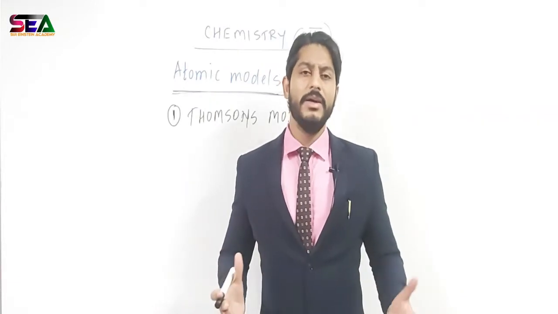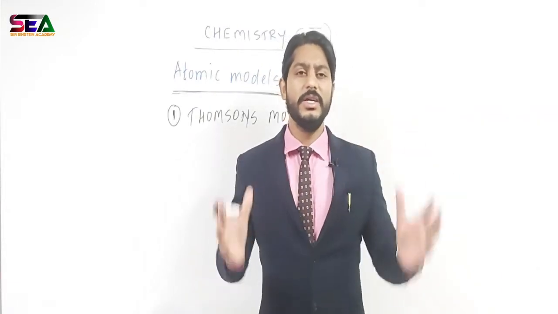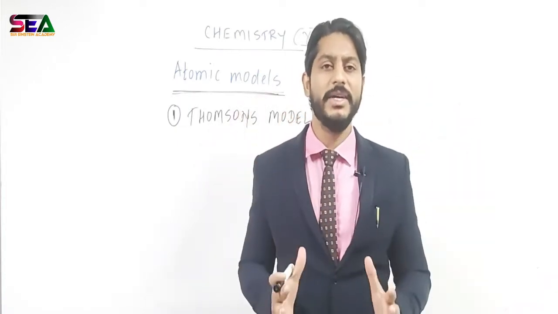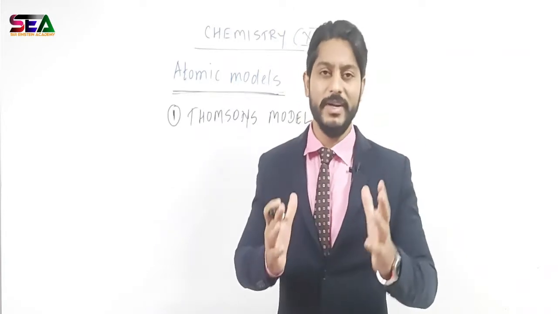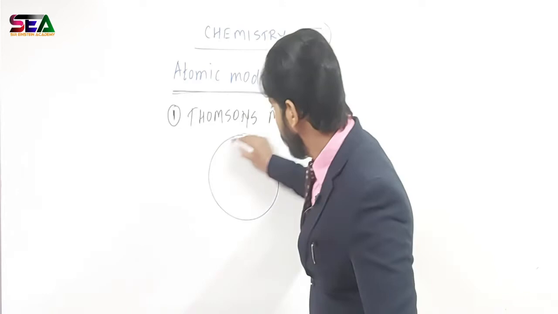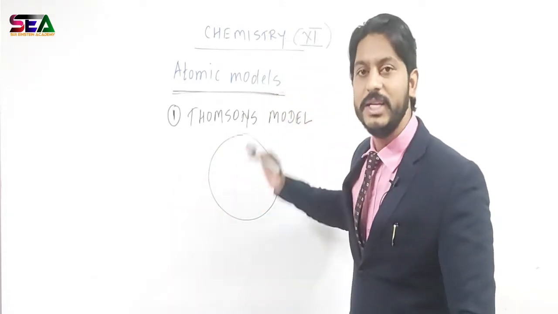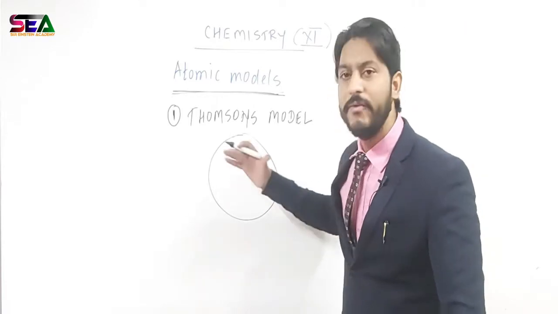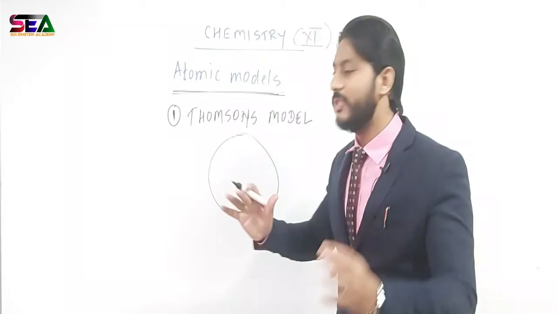You know very well it was J.J. Thomson who first of all imagined an atom as like a watermelon or like a plum pudding. Let's see how it is. He imagined that an atom has a spherical shape and it is completely filled with positive charge.